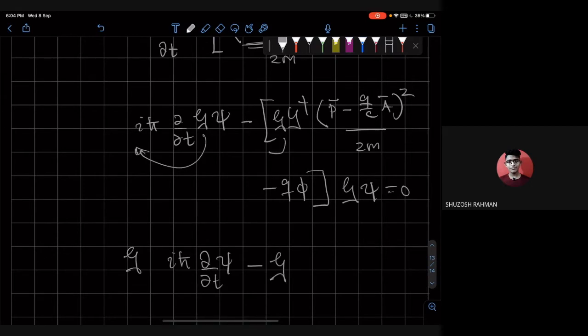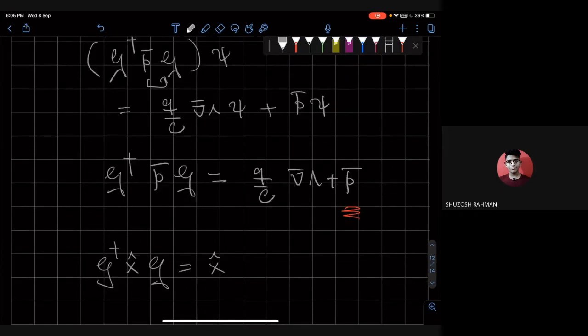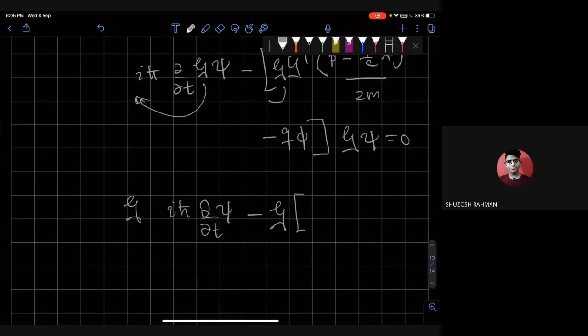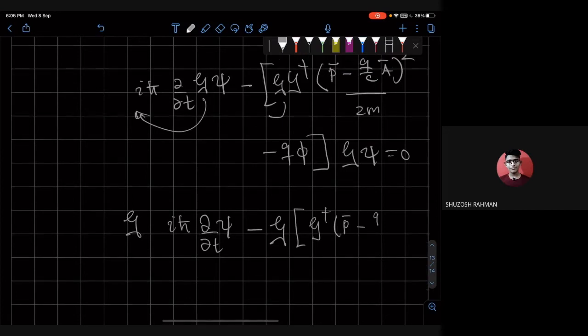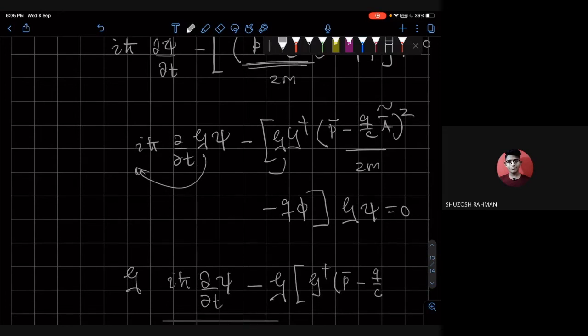We have psi, and then we have G dagger (P minus Q over c) times the new A tilde, right?